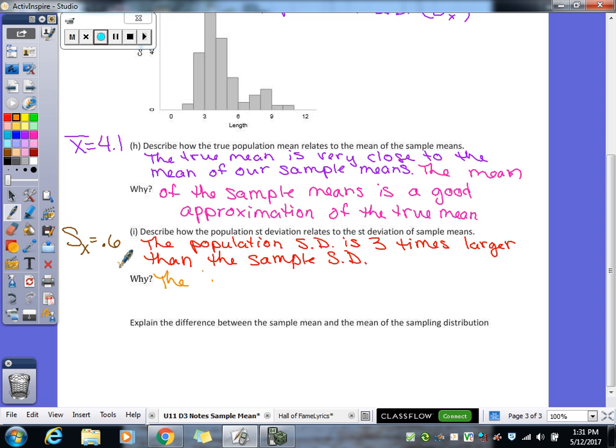So our samples didn't collect all of the lengths of words.